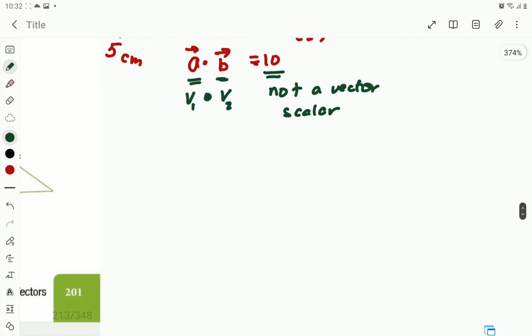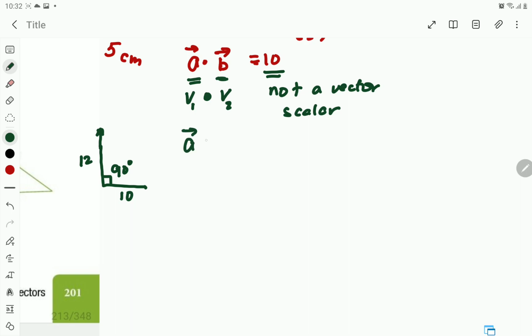Let's try to have another example. So let's say now that I have this, and let's say that this is 12 cm, 10 cm, and this is 90 degrees. Okay, so let's take the dot product of these.